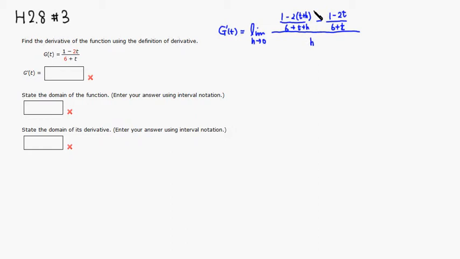So I'm going to just find the common denominator. Limit as h approaches 0, we'll take out the limit later. The common denominator, I'll just multiply the denominators together: 6 plus t plus h multiplied by 6 plus t.